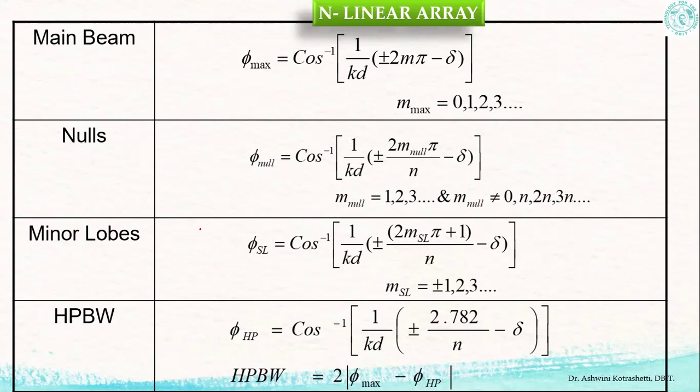I think we should take up a problem instead of noting down these formulas. Then it will make sense. Can we go ahead by skipping this? Don't note these formulas now. These slides will be given to you. When I solve a problem, it will make more sense to you. We will take up a problem immediately.